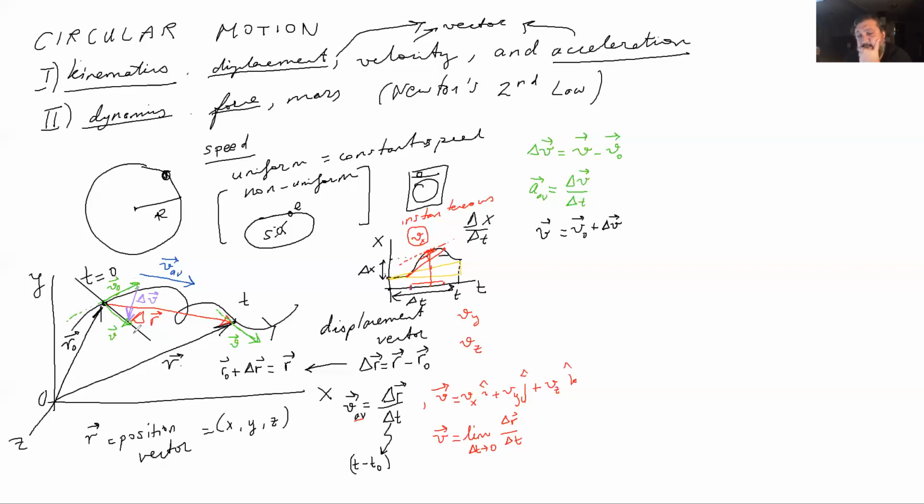Okay, so that will be also the direction of the average acceleration. So the average acceleration in this case will also be in the same direction. So same direction, this direction, that is. That is A, average.